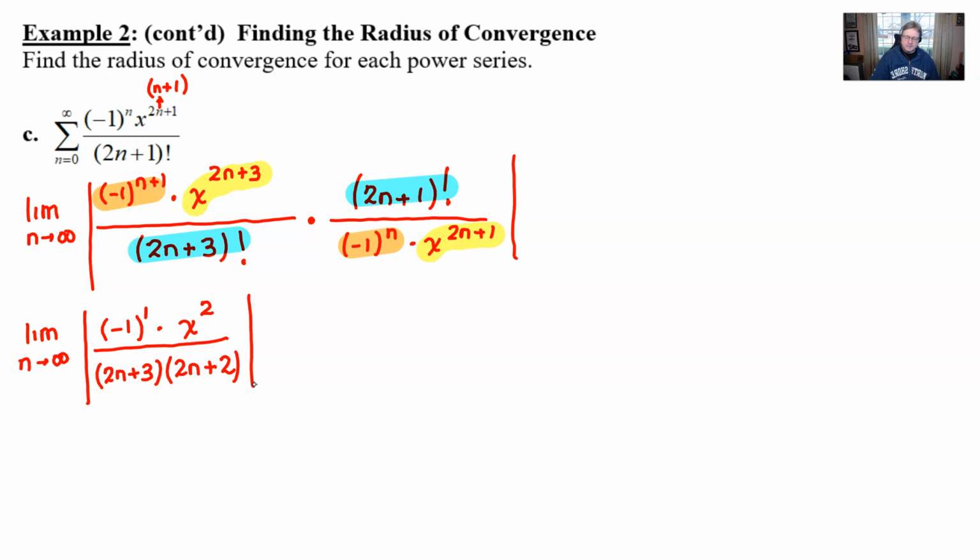Let's move on to our simplification step. The negative 1, while it resides in absolute values, is going to take on a value of positive 1.